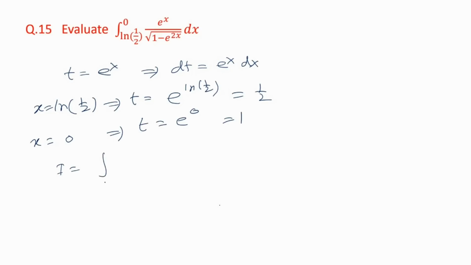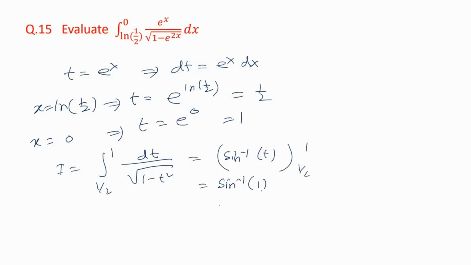So our I equals integral half to 1 dt over square root of 1 minus t square, which is equal to sine inverse t, limit is half to 1. Sine inverse 1 minus sine inverse half. So this is equal to pi over 2 minus pi over 6, which is pi over 3.